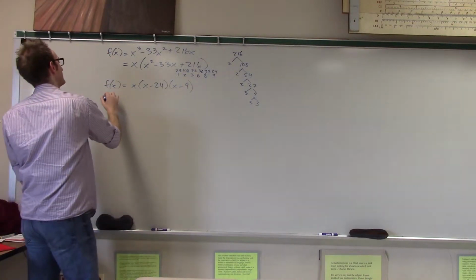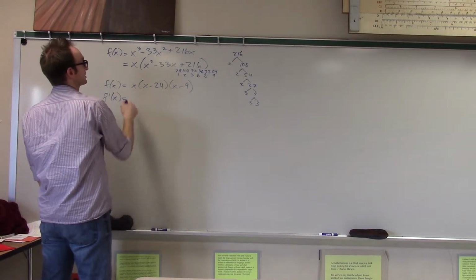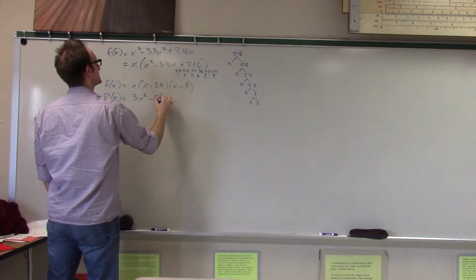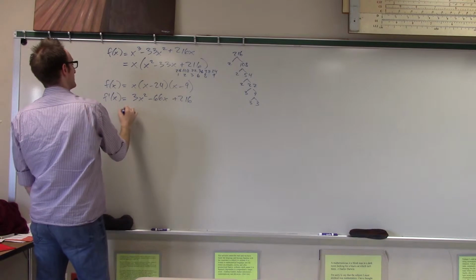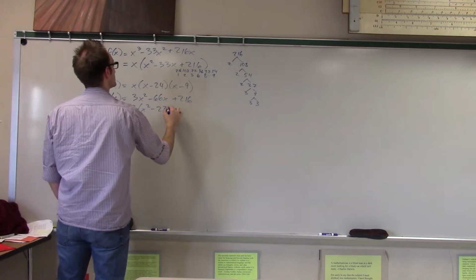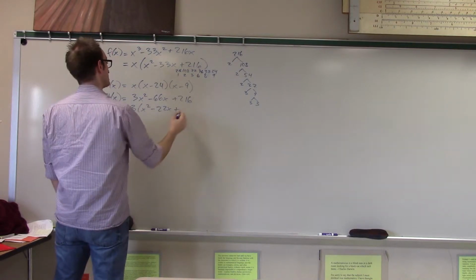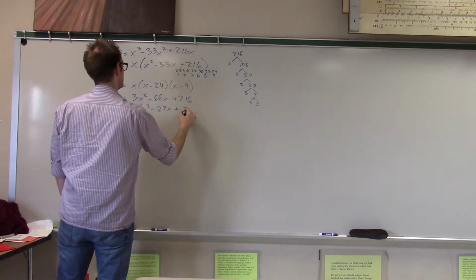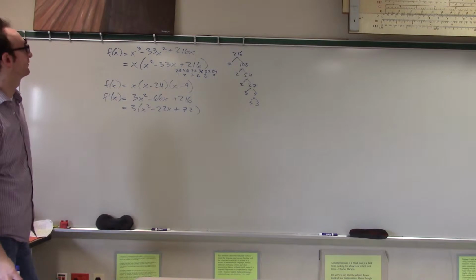Alright, let's take the derivative of this function. Going back up to this form, the derivative is 3x squared minus 66x plus 216. I think I can factor a 3 out of this, so I get x squared minus 22x plus 72. And I think that's also factorable.